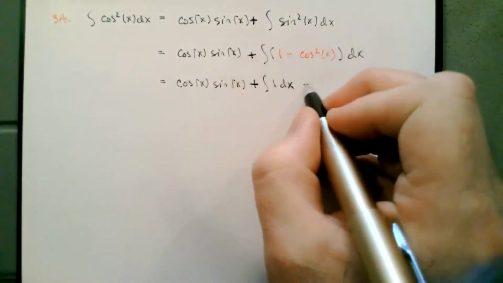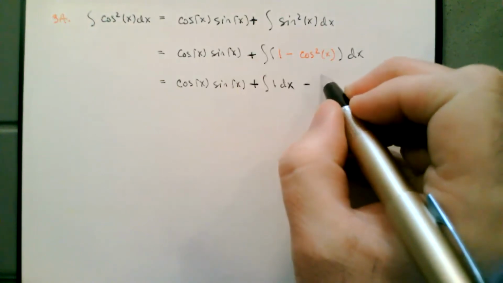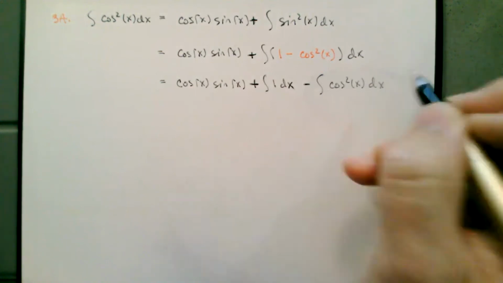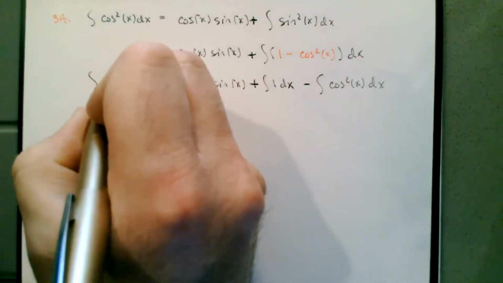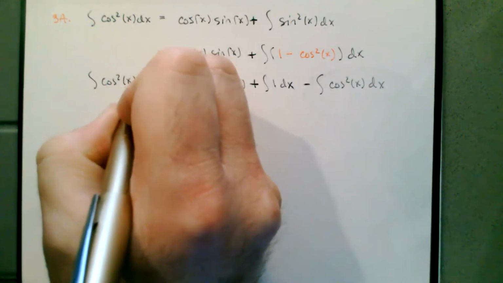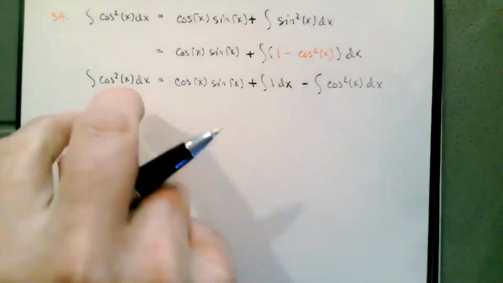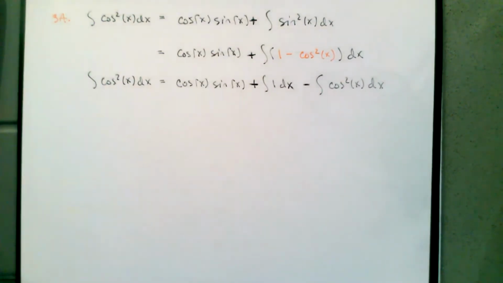It was supposed to be a plus integral of sine squared. So we're subtracting the integral of cosine squared x dx. The reason that this is useful is that now I have an integral of cosine squared x dx on both sides of the equation, so I can add that to both sides of the equation.